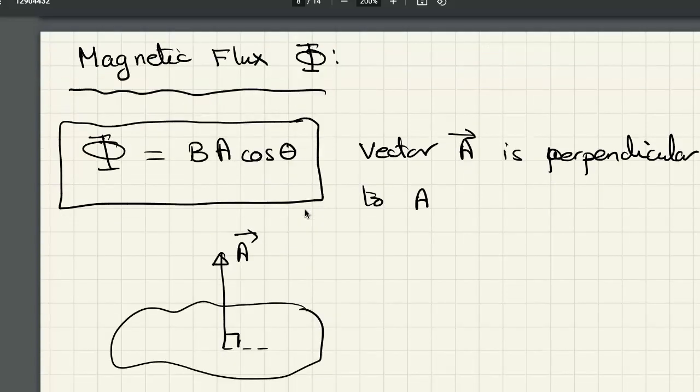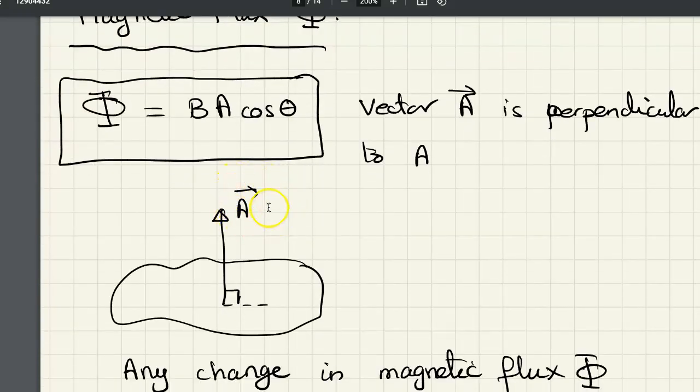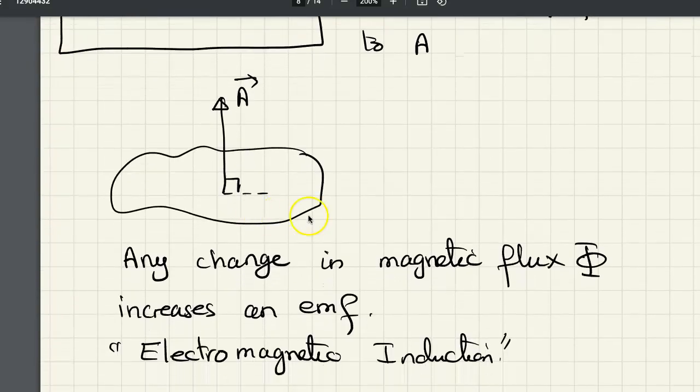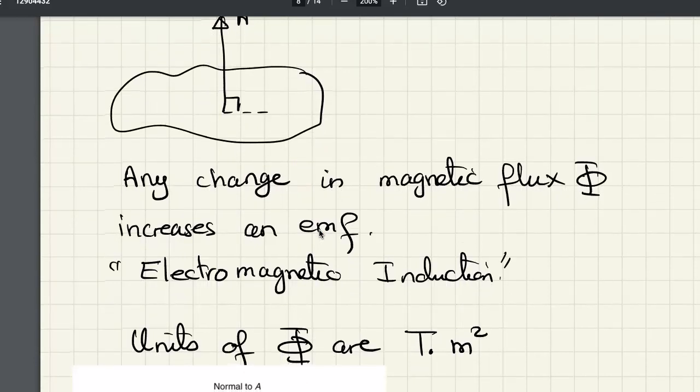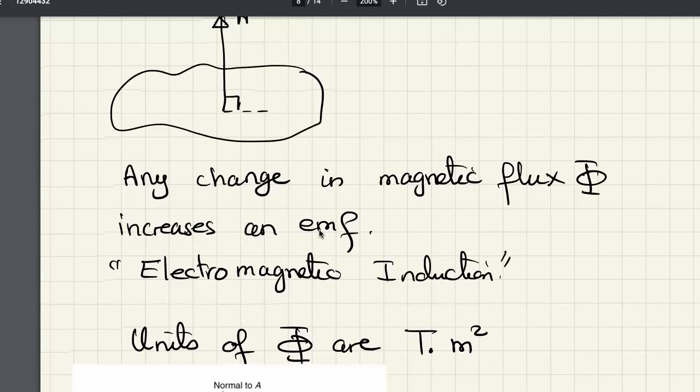And theta is the angle between the vector A and B. Now vector A is always perpendicular to any area A. Then basically the angle is between A as a vector and B, the magnetic field. Any change in the magnetic flux phi induces an EMF, whether an increase or a decrease, and we call that electromagnetic induction.